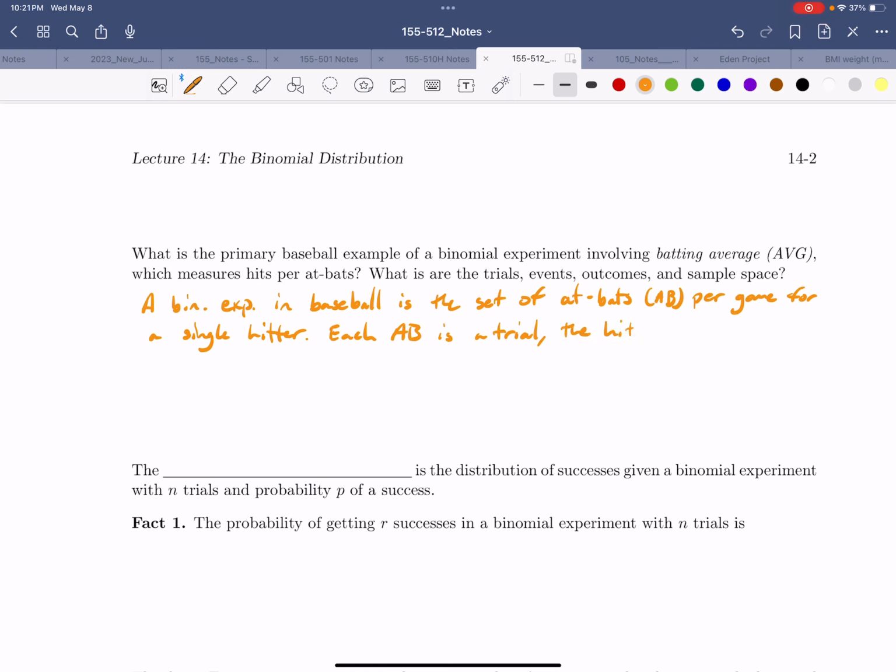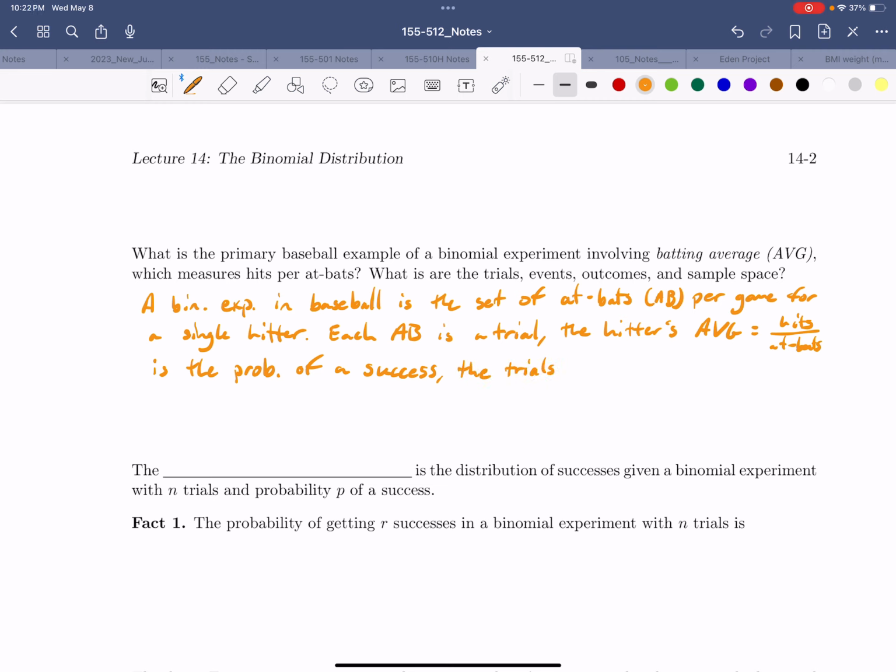The hitter's batting average, which equals hits per at-bats, is the probability of a success. And the trials are effectively independent and under identical conditions.